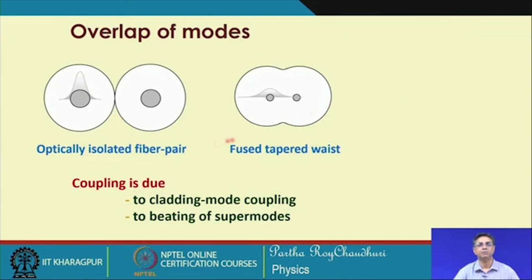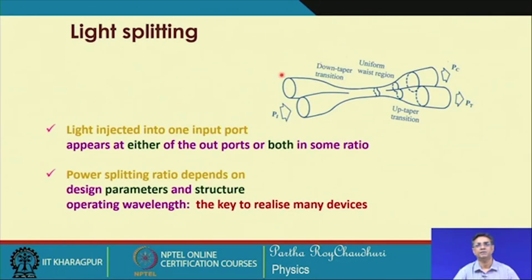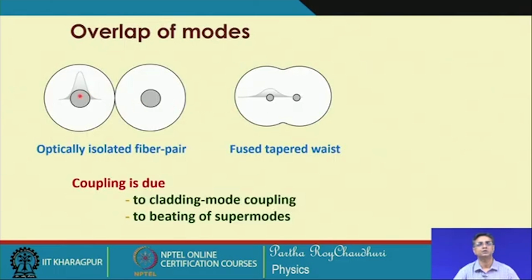To understand how this coupling takes place, these are the two optically isolated fibers where there is no interaction. They just look like they are in contact, and it is only the outer boundary of the cladding that touches. So, the field does not see the presence of the other waveguide. But at the tapered region and the uniform waist region, the core becomes very small, and instead of two different claddings you have a common cladding in which you have two cores.